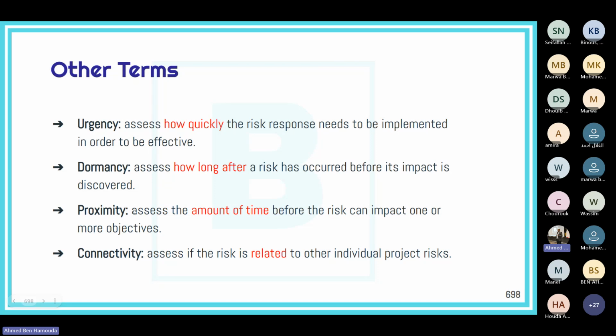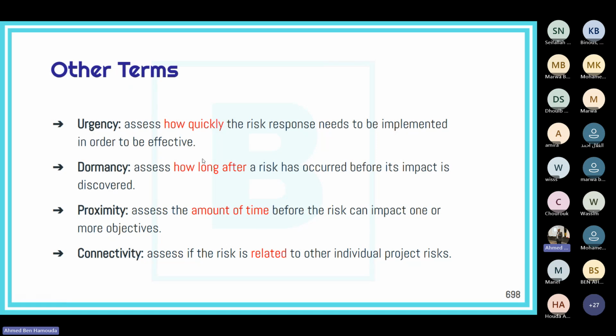For risk proximity, we are assessing how much time is left before the risk can impact one project objective, or the project as a whole. So how proximate is the risk, how close is it? That's assessing the amount of time before it can impact.